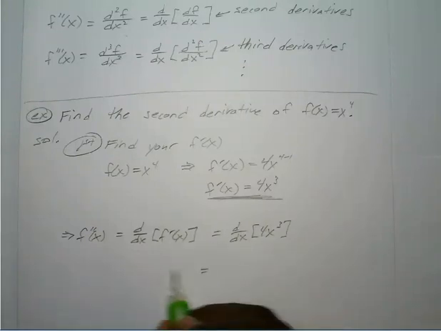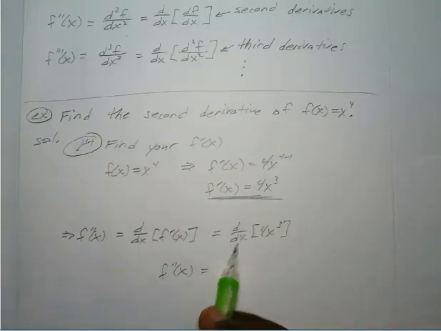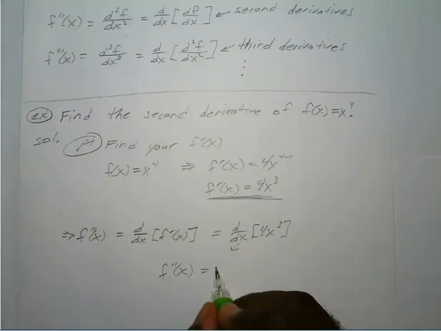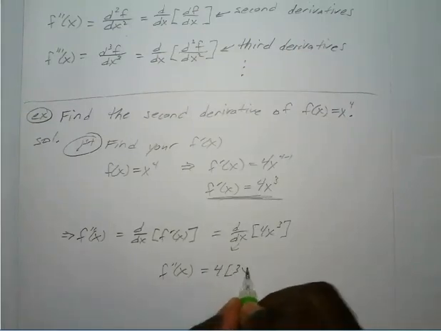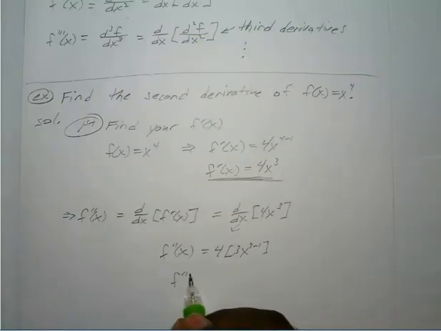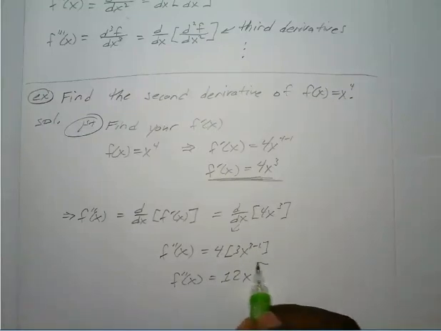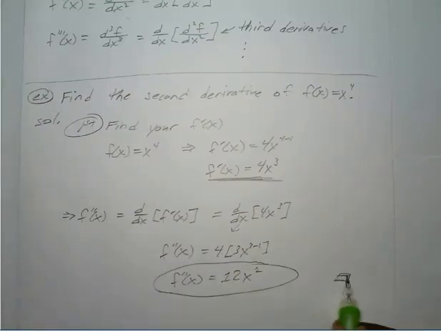Using that, it's just 4 times 3x to the 3 minus 1. So our second derivative: 4 times 3, which is 12, x to the 3 minus 1 power is just x squared. So that's your second derivative.